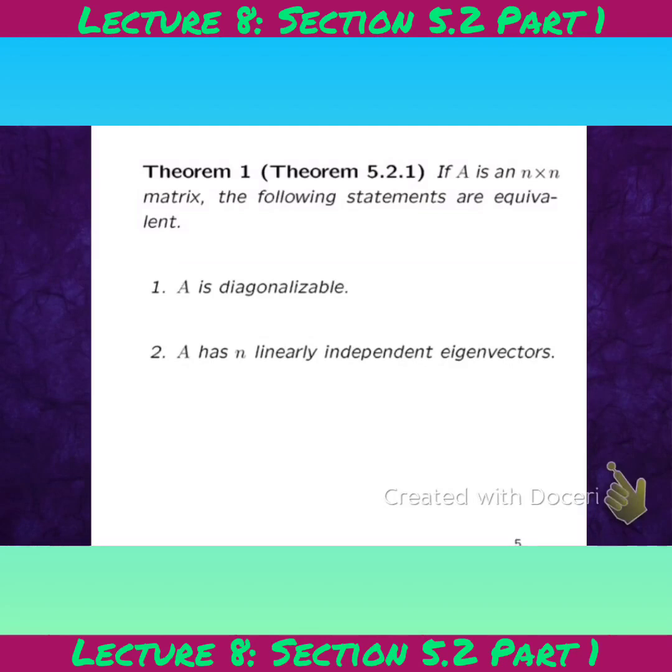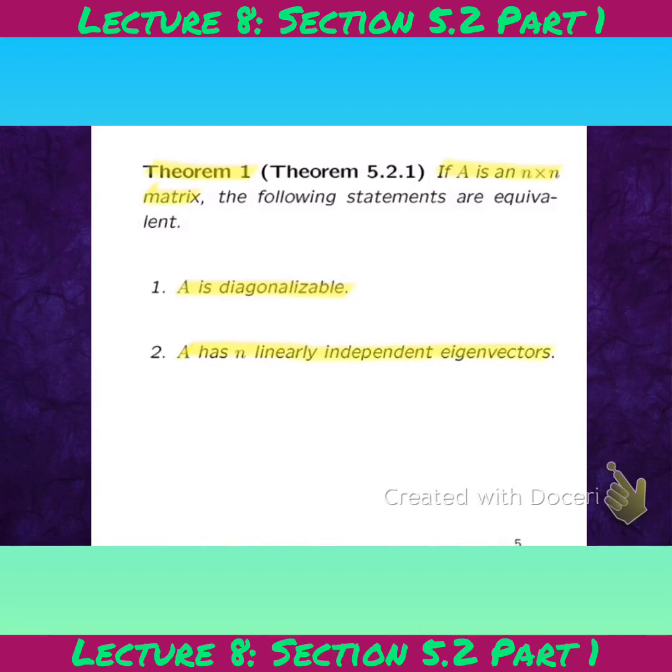So the next theorem gives us a necessary and sufficient condition for an n by n matrix A to be diagonalizable. So this matrix A is diagonalizable. That is equivalent to saying that A has n linearly independent eigenvectors.